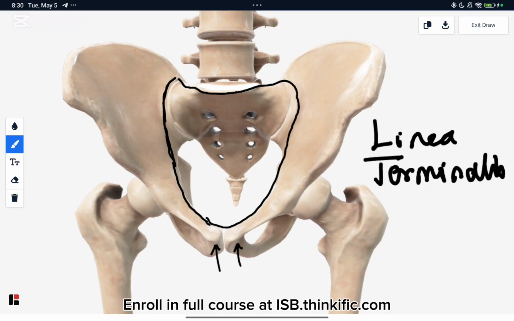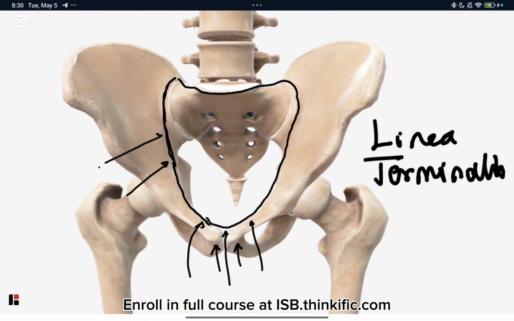Boundaries of the pelvic inlet: we have symphysis pubis anteriorly, the superior aspect of the pubic bones, then along the ilium, and then along the top of the sacrum to form a continuous ring, which is called the pelvic inlet. This divides the pelvis into 2 compartments.